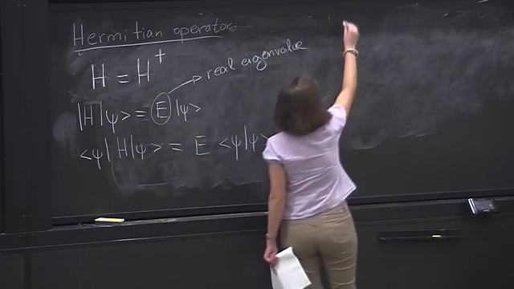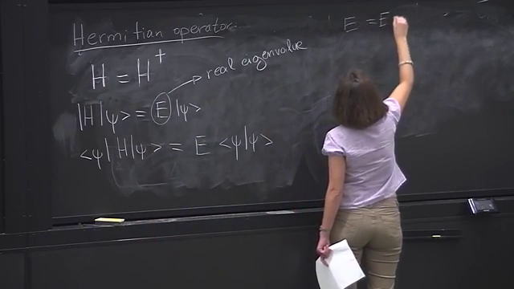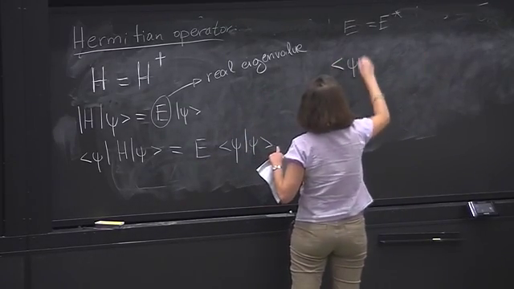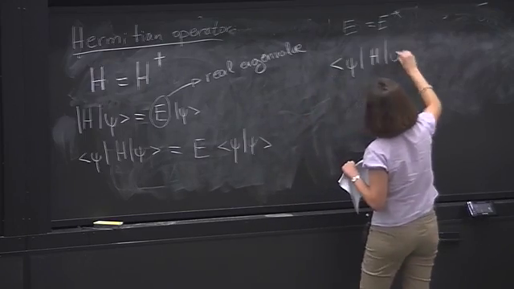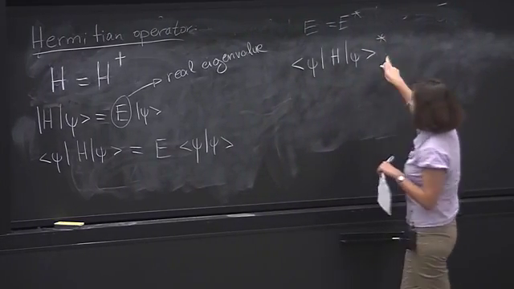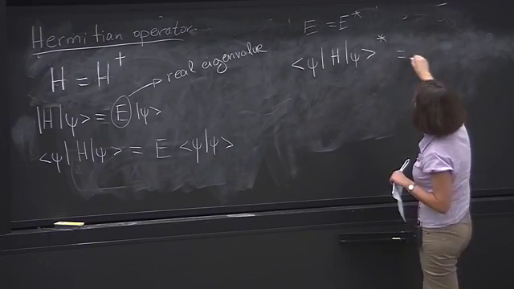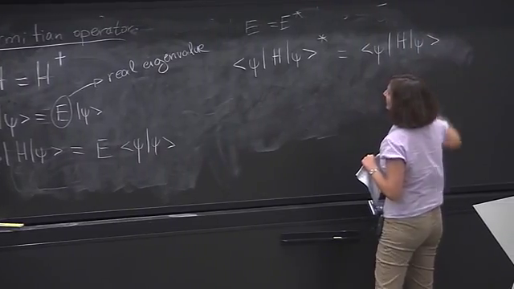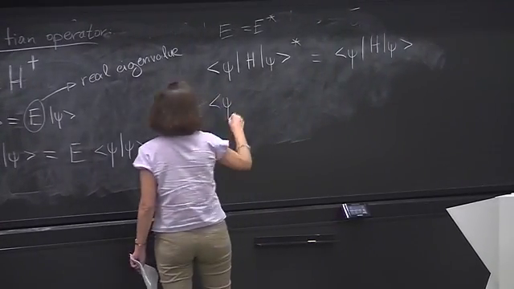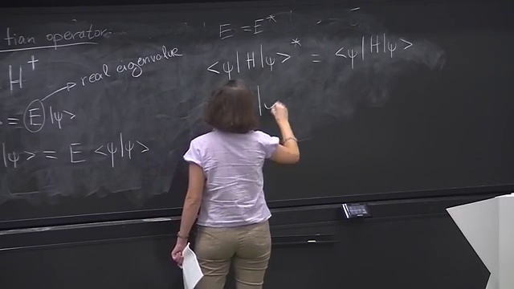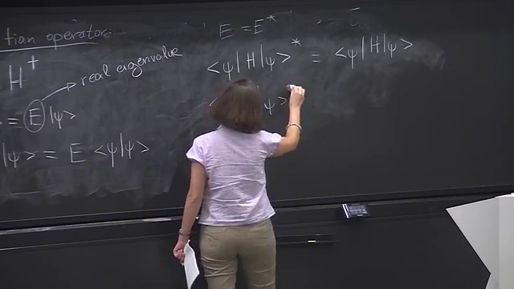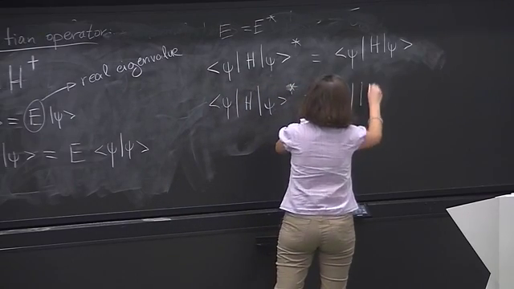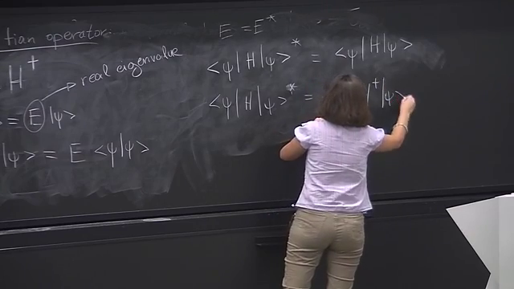Which means that E is equal to E star, and therefore the complex conjugate of this scalar product should also be equal to itself. But we know that this thing is equal to the scalar product between psi and the adjoint operator with psi.